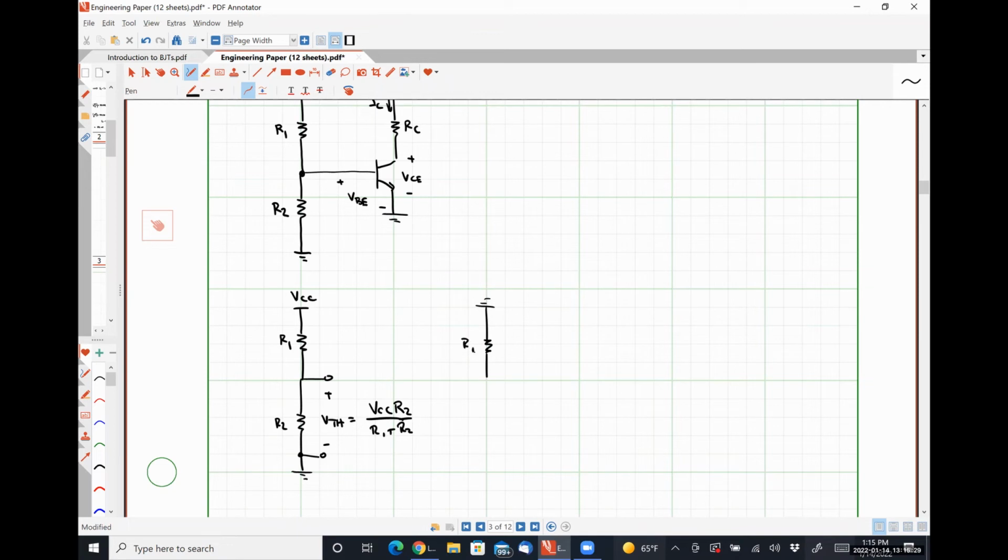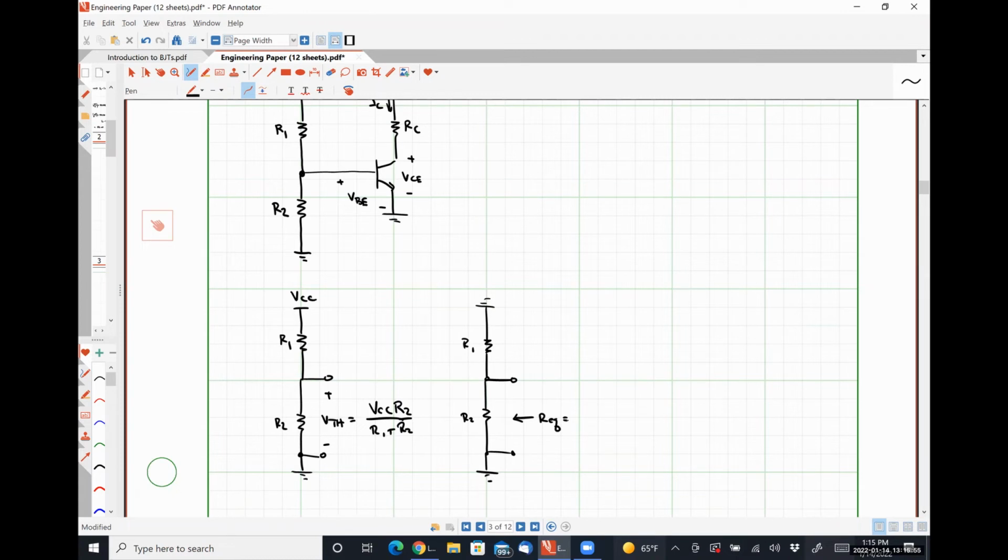So we're going to have R1 up here, R2 here, and we're looking in. So what do we see? R1 in parallel with R2.